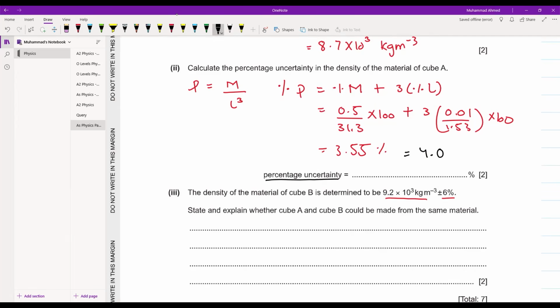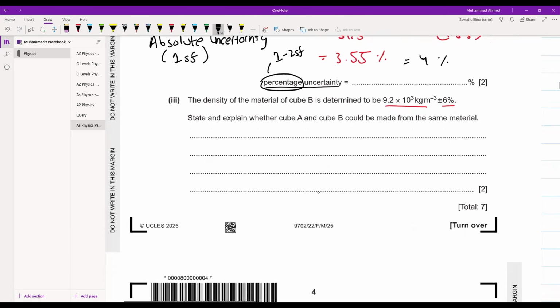Always remember that you can write your percentage uncertainty to one or two significant figures, depending totally on you. However, your absolute uncertainty will always be written to one significant figure.